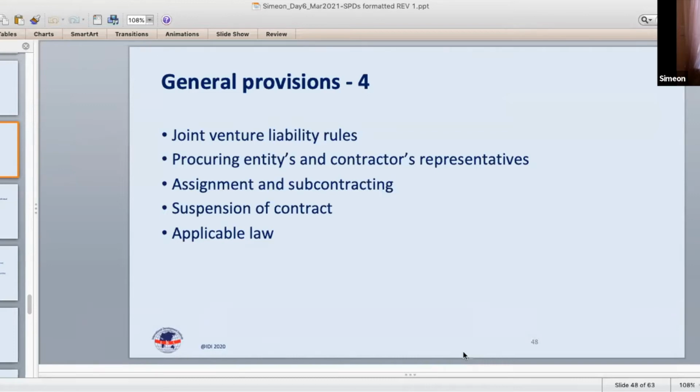The designation of each party's representative, which could be the project manager, depending upon the nature of the contract, or it could be the engineer in a civil works contract representing the procuring entity and supervising the work. Restrictions on assignment and subcontracting, the issues of suspension of contract, and applicable law. And corollary to that, usually, is a provision on dispute settlement.